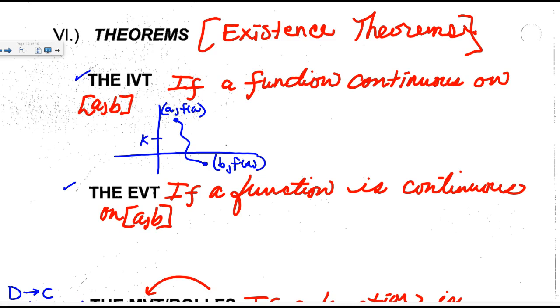So it guarantees the existence of at least one place, one x value, such that f(c) equals k, where k is between the two. So it guarantees at least one time where the temperature had to be 30 degrees if it went from 50 to negative 10. It's used a lot for verifying the existence of zeros.